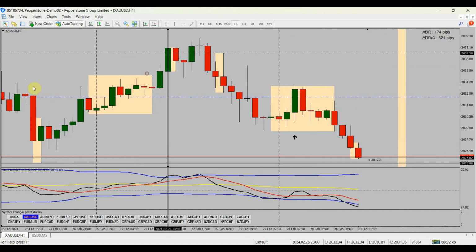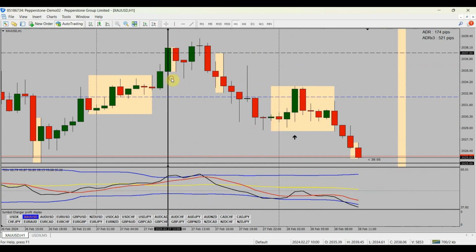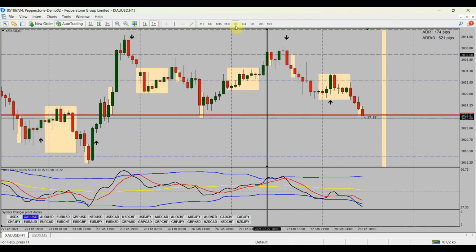What we are looking for is price coming out of our Bollinger Band on the 1 hour. Price came out of the Bollinger Band, and then it went up a little bit, and then we had a beautiful sell. Now, does it mean that once price comes out of the Bollinger Band, we start selling? Absolutely not. We obviously need to look for additional confirmation.